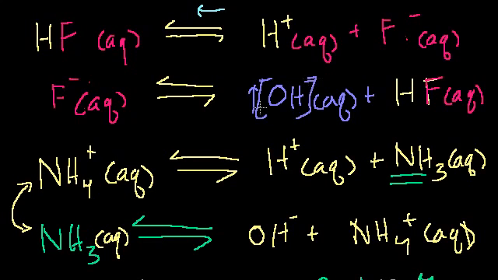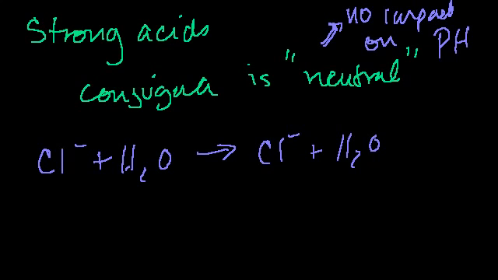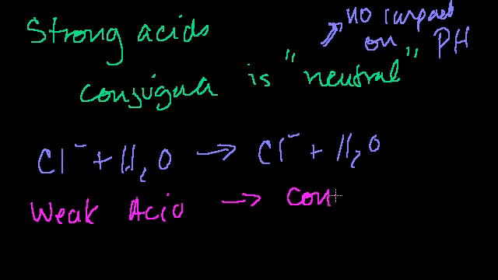So in this case, it is making the solution more basic. It's increasing the pH of the solution. So whenever you have a weak acid, its conjugate base will be a weak base.